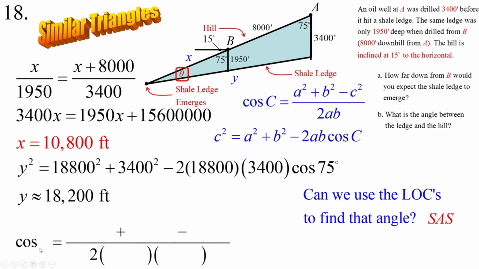So I'm going to go cosine of theta is, and what's adjacent to theta? Well, there are 2 adjacents.